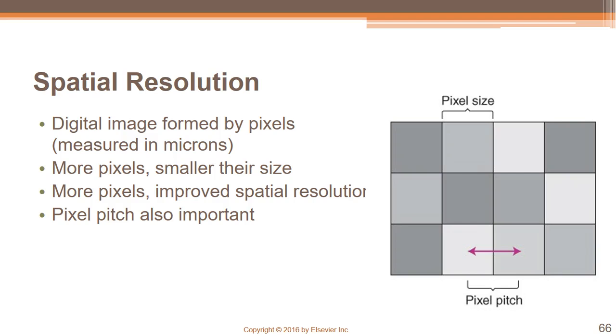And one of the things that you need to make sure you have is a high resolution monitor so that you can actually take advantage of all of these different pixels that we have. So this is figure 9.27 in your book, and it talks about how spatial resolution is dependent on your pixel size and the pixel pitch.